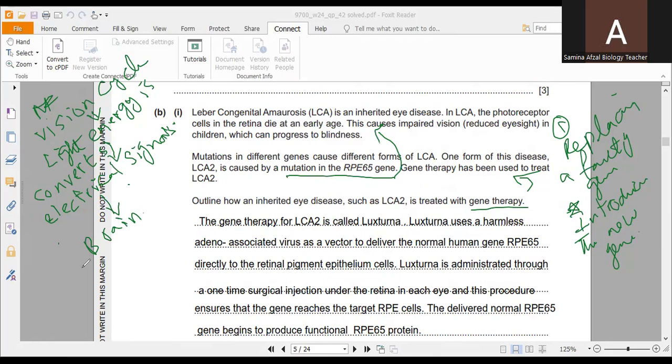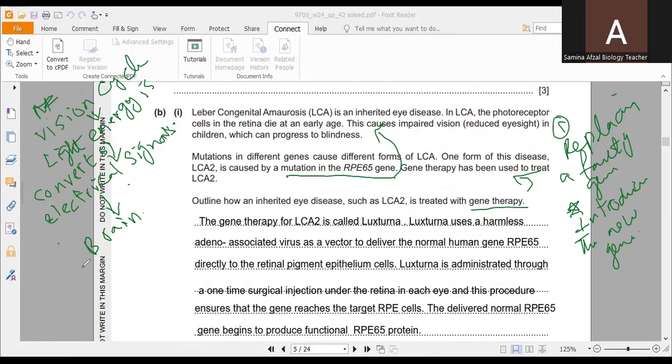So what is this cycle? Normal functional vision takes place by the retinal pigment epithelium, which is present at the back of the eye, and the RPE65 protein plays a crucial role in the visual cycle.